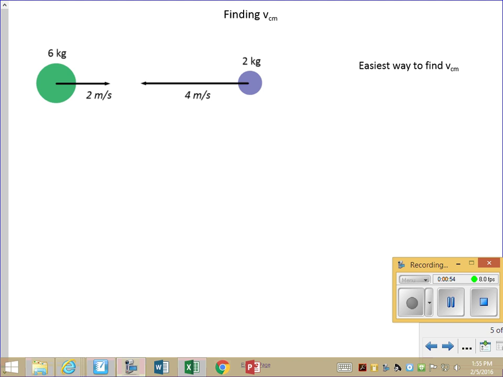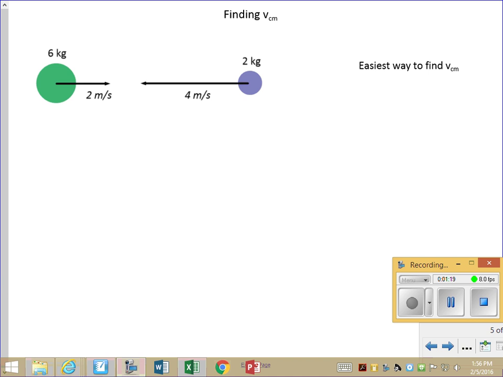We use that idea to justify and derive the fact that no matter when you look at a system, if the system experiences no net force and no net impulse, the system maintains a constant momentum because it has to maintain a constant velocity.